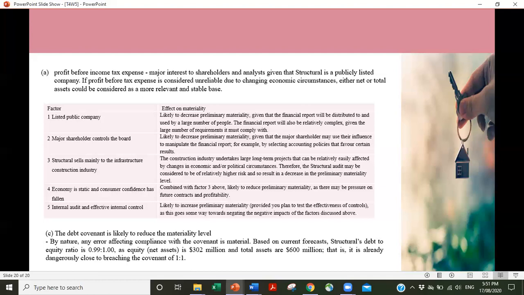So their debt to equity ratio. There is a forecast there that could be breaching their 1 to 1.